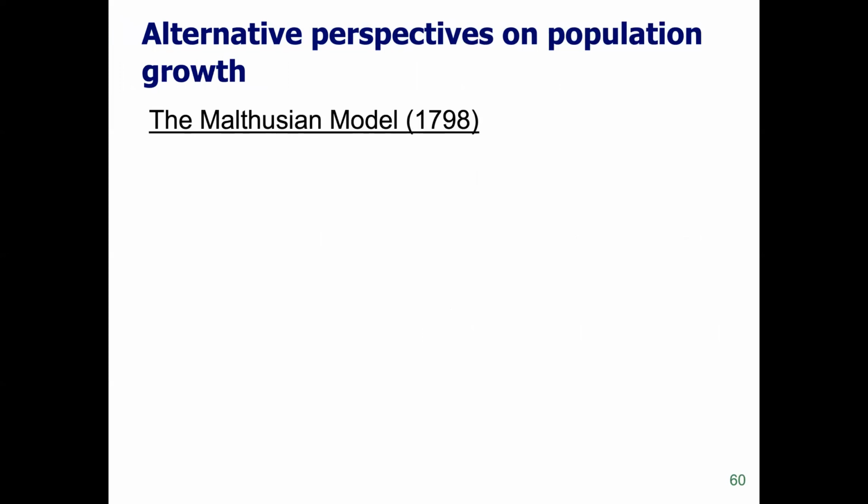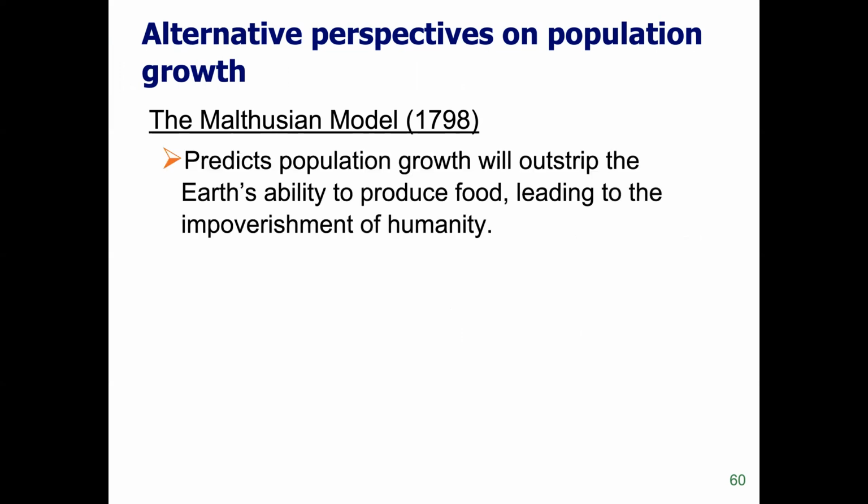Okay, let's talk just a little bit about population growth. There's some interesting alternative perspectives on population growth. The Malthusian model predicts population growth will outstrip the Earth's ability to produce food, leading to the impoverishment of humanity. And so basically you get everybody just at the margins of subsistence.